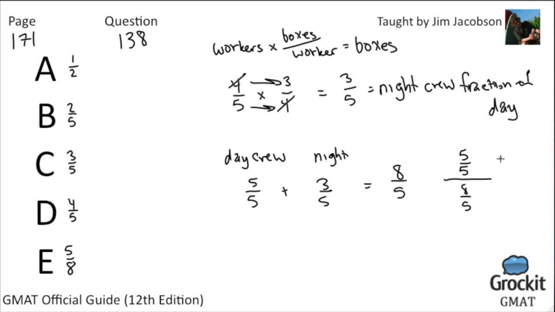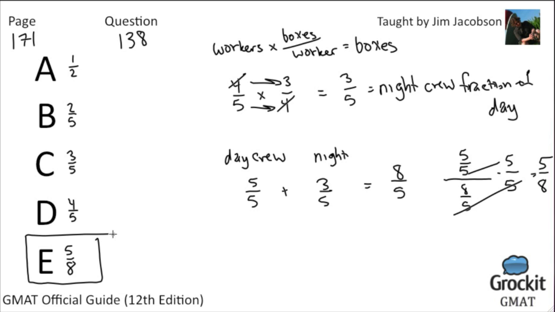We can multiply this whole thing times 5/5, and what that does, it gets rid of the denominators in both cases, and we are left with 5/8. So the day shift does 5/8 of all of the work between the two crews. But, they have more guys, and they also have daylight to work with, which is apparently why I just made that up, that's why they get more boxes done per worker. But anyway, day crew, 5/8 of the total.